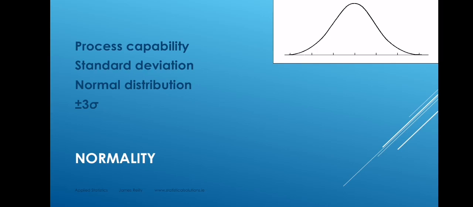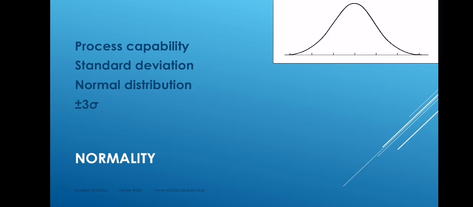So one of the first things we explore when we're looking at process capability is whether the measurements are normal. And well-behaved manufacturing processes are normal. Very often when a histogram displays non-normality, it's because there's some special source of variation present which is unusual. So normality is one of the first checks we perform when we're exploring the capability of a process.